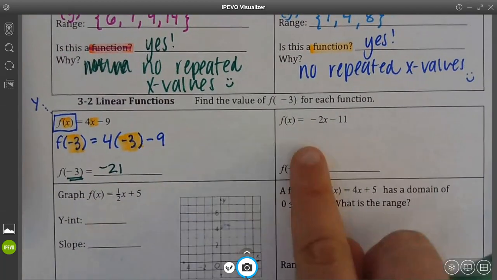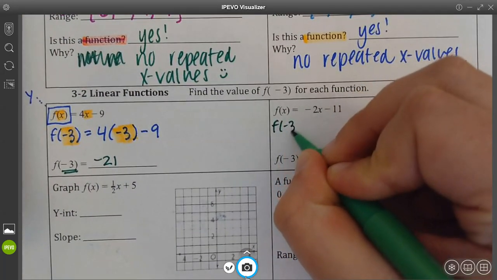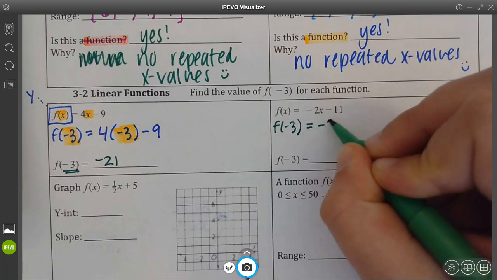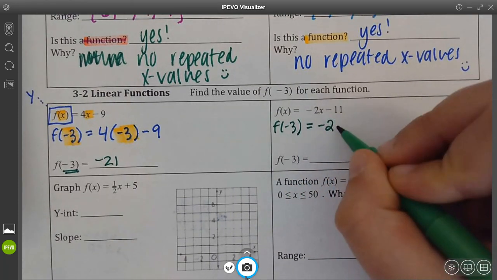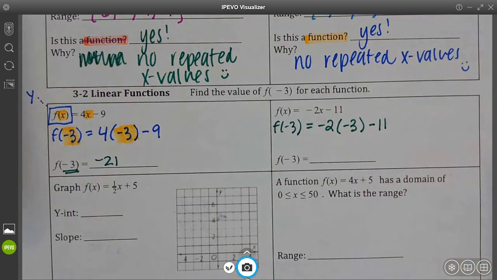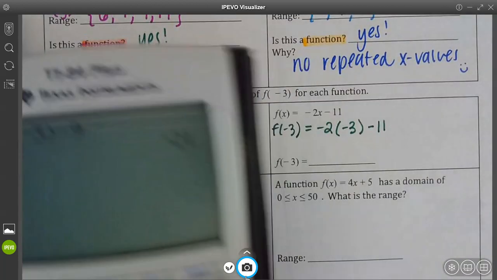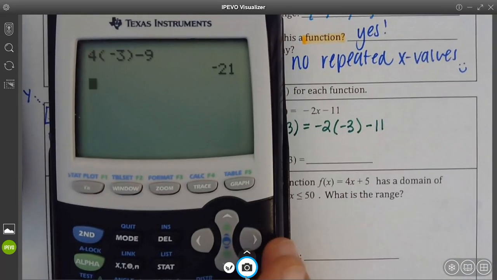We can do the same thing for our next equation over here. We're finding f of -3, so that means I'm going to keep -2 the same. My x is going to change into a -3, and I'm subtracting 11 this time. So our input was -3. I'm going to type this directly into my calculator.